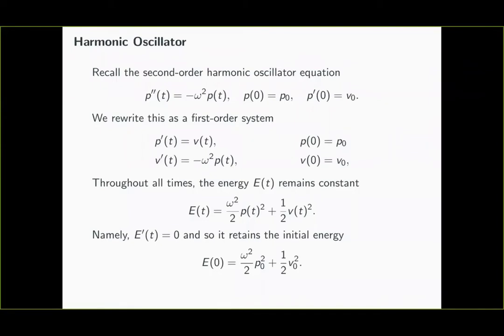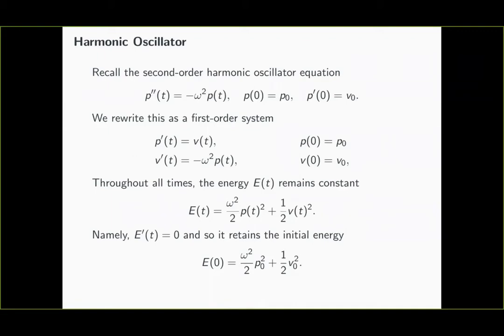The model problem in our discussion will be the harmonic oscillator, which we've seen earlier a few weeks ago. So let us recall the second order harmonic oscillator equation. We have got a variable p, which depends on time. And the differential equation is p'' of t equals minus omega squared p of t.